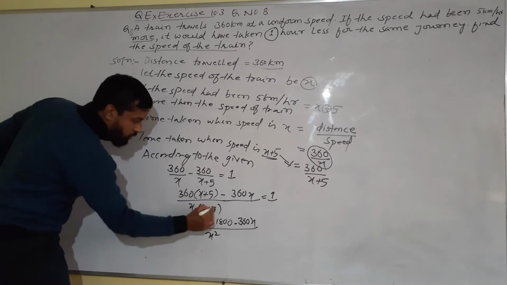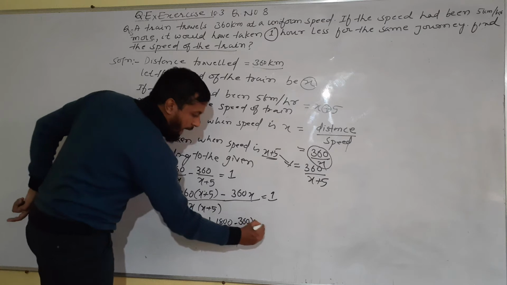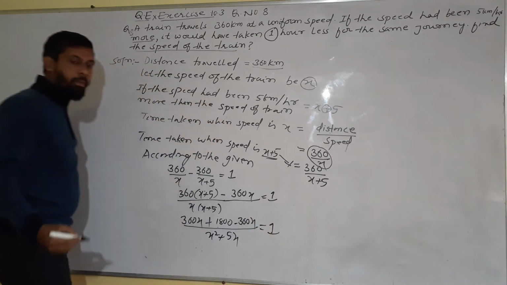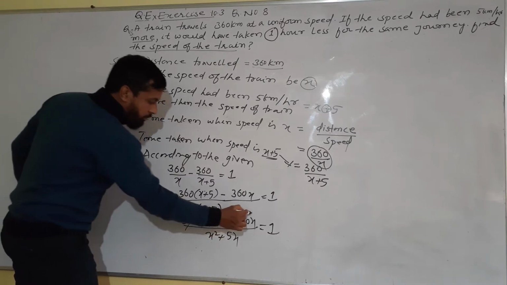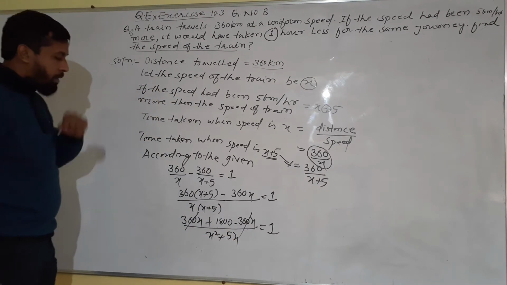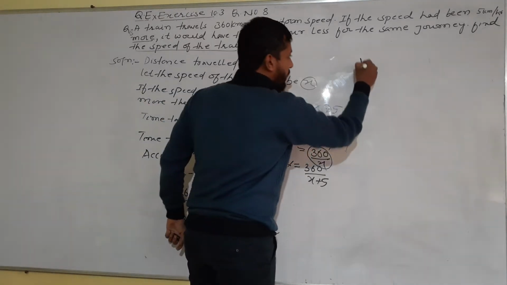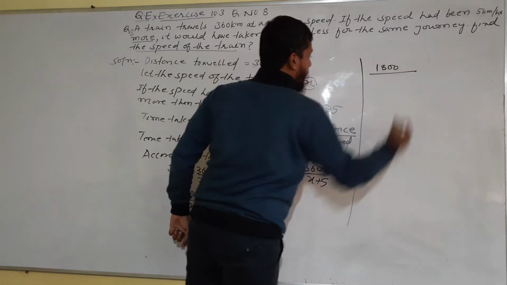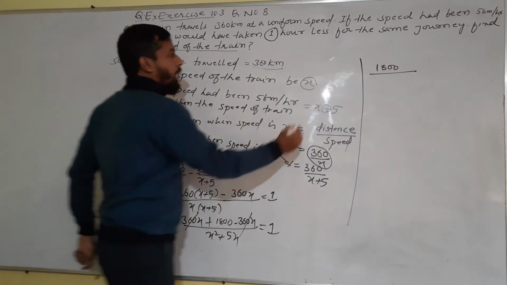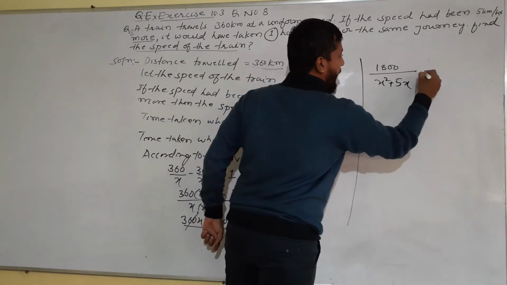Then x into 5 is 5x, equal to 1. Now 360x minus 360x get cancelled. Here only 1800 is remaining, and here x square plus 5x is remaining, that is equal to 1.